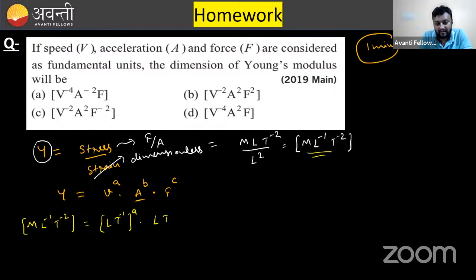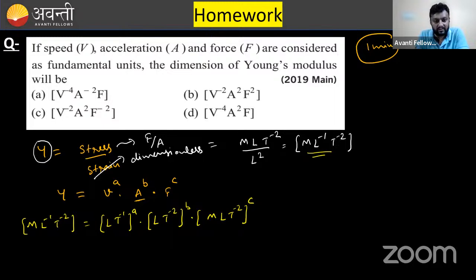Acceleration has a dimension L T minus 2 raised to the power b. Force has a dimension M L T minus 2 raised to the power c. Now, what I can observe here is that most of you don't know the basic dimensions. Basic dimensions means the dimension of force, area, and acceleration.